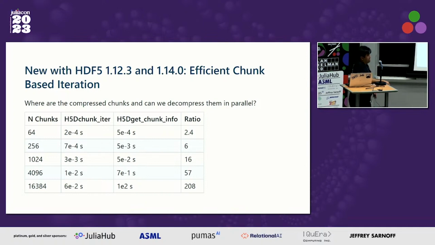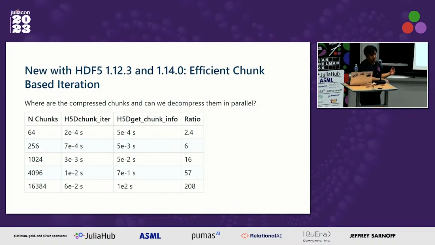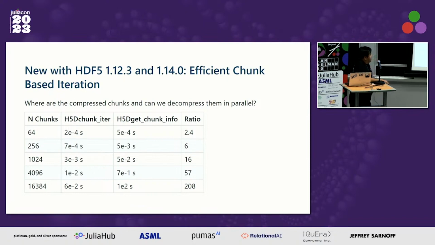And it turns out using the callback methods is really important when you want to get all the chunks or all the information for all the objects in a file. And I usually do this with chunks, so that's why I'm showing this. But the iteration methods scale really well, whereas the index-based methods that Python tends to use in h5py don't scale that well at all. You can see that once we get up to about 10,000 chunks, the ratio of performance is about 200-fold.